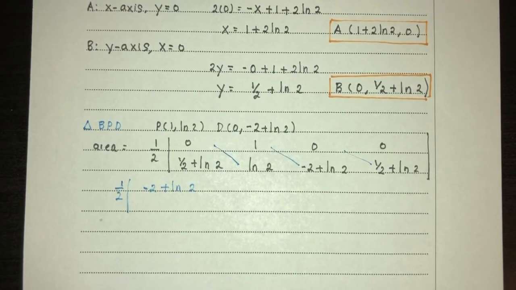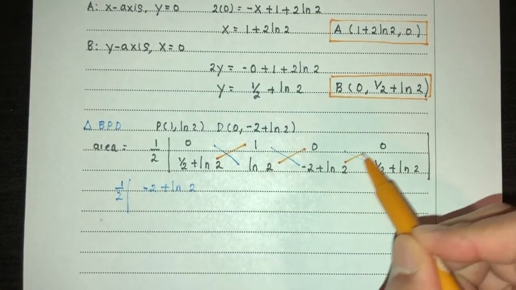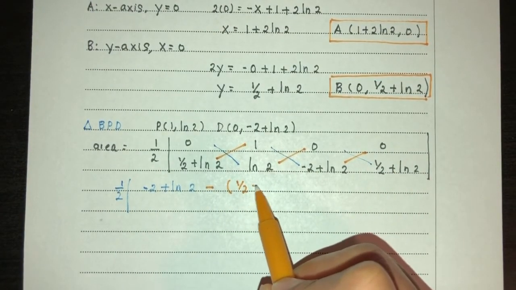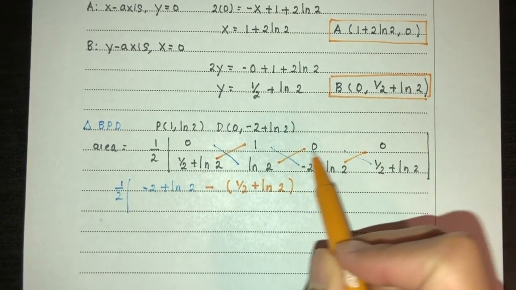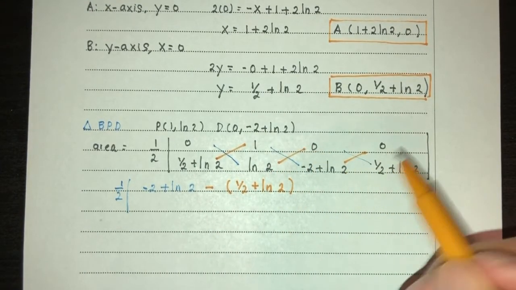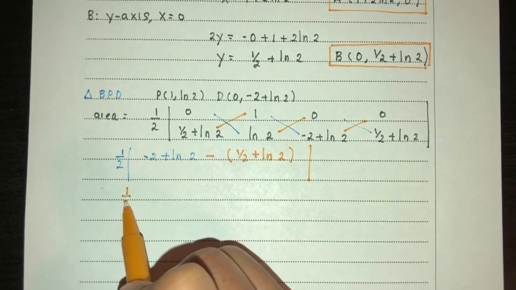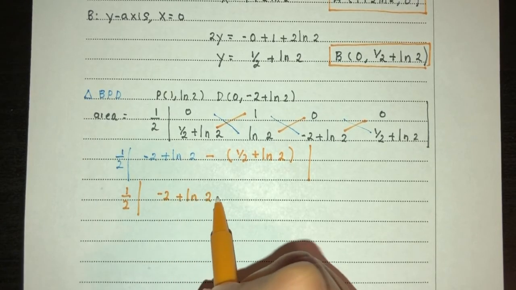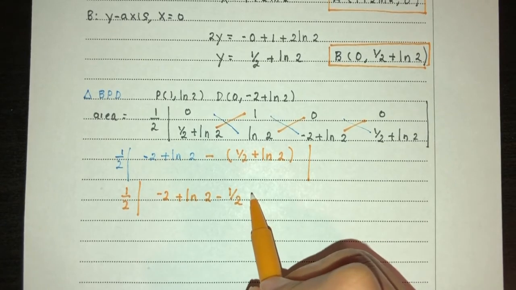Now we have to multiply in the other way. So minus the bracket half plus ln 2, and this will be 0. You can see this time this will be 0, 0, so there's no use. Now simplify. Half will be half outside. Here we have minus 2 plus ln 2 minus half and minus ln 2.